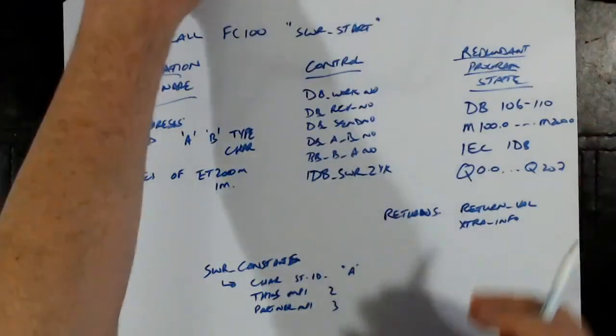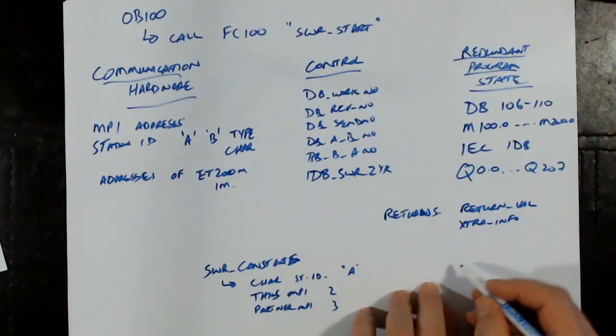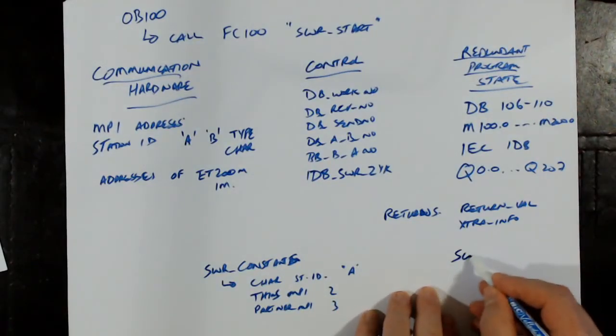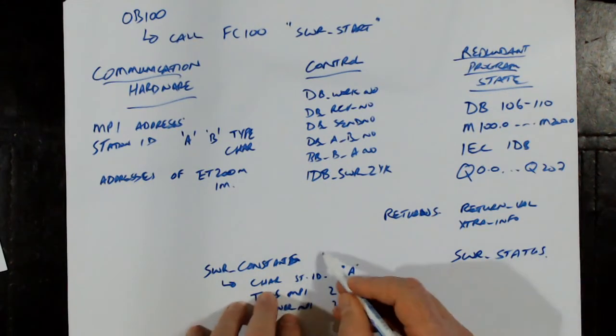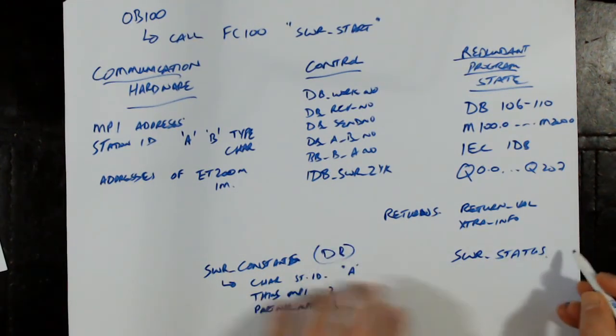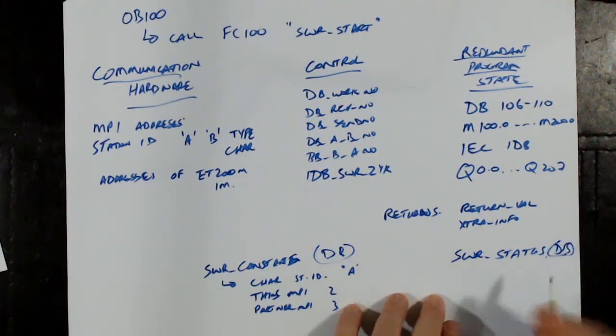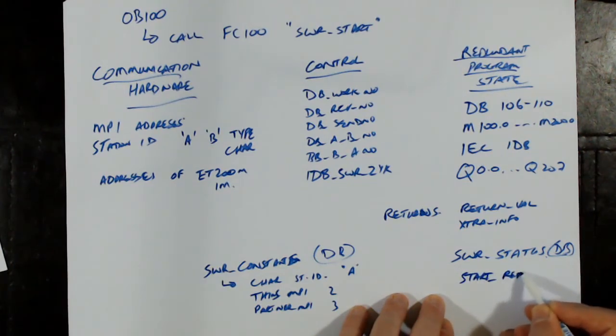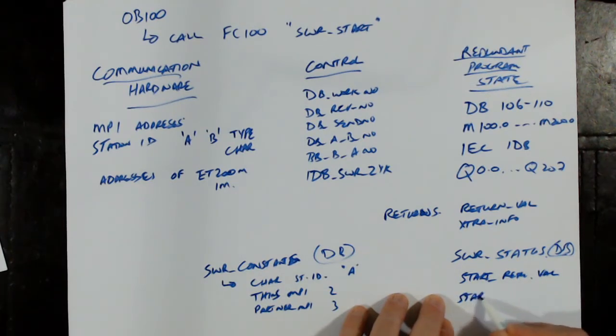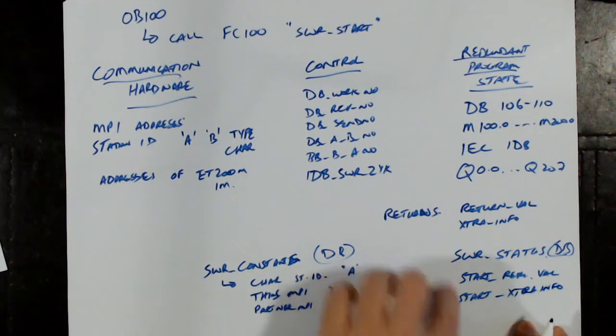In there I record this information. So I have start return val and start extra info.